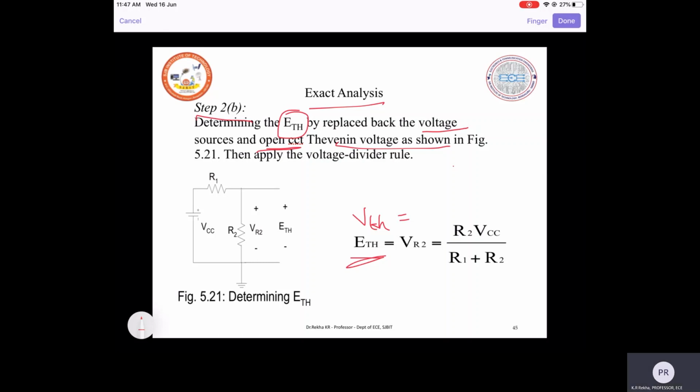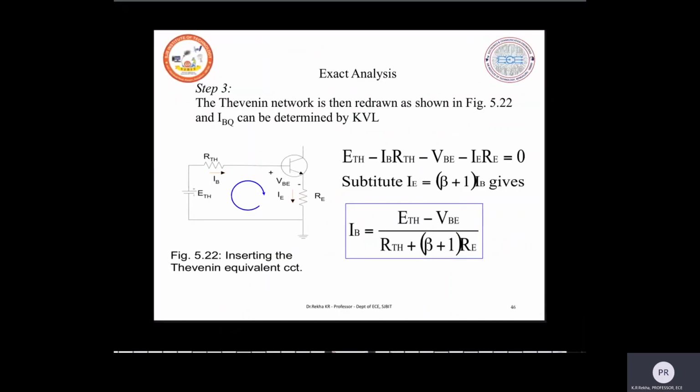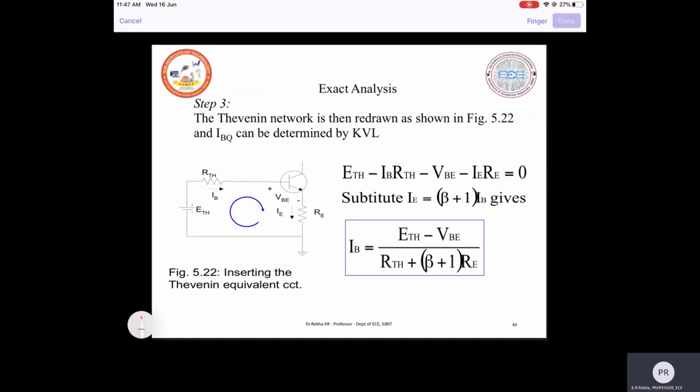So next you can do the problems on this. It is clear. To find VTH and RTH, VTH is R2 VCC by R1 plus R2. Step 2: one more step which has to be known, that is for the exact analysis. So what happens, there is the equivalent network.